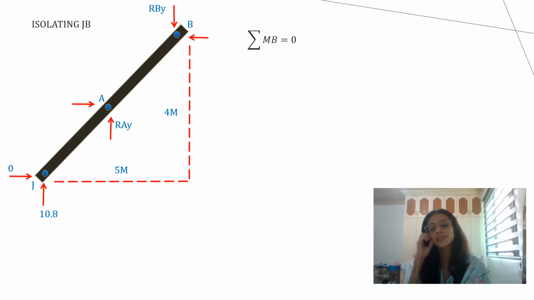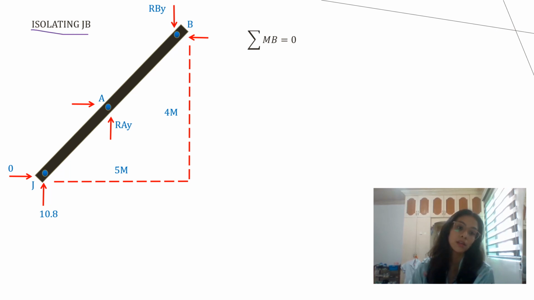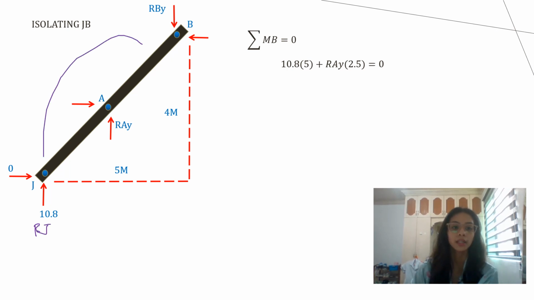So for the second step, we have to isolate the beam JB. We're going to take the moment at point B. So let's moment our RJ, clockwise positive, times its distance, which is 5, so times 5, plus our RA.